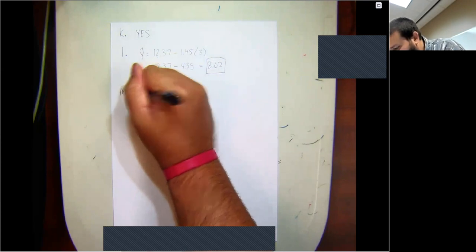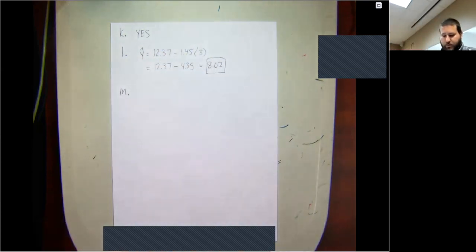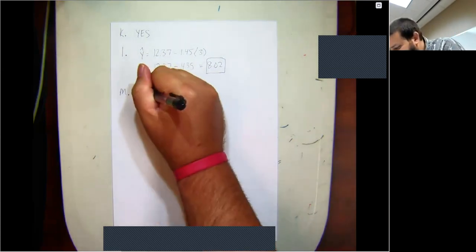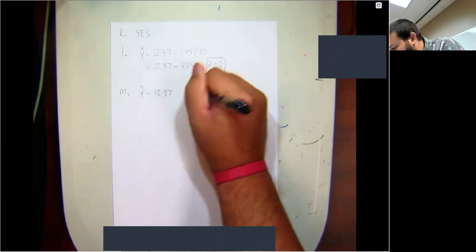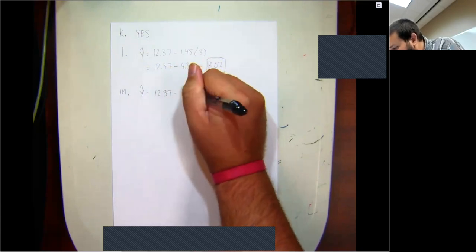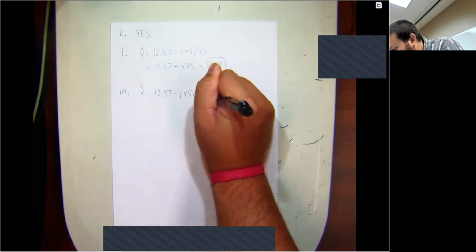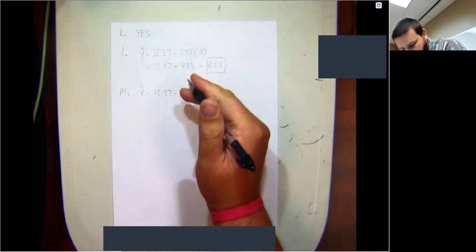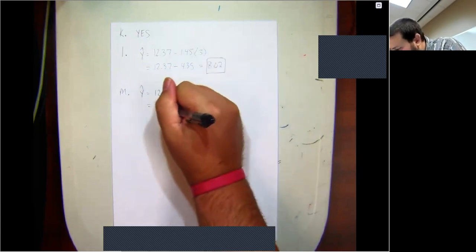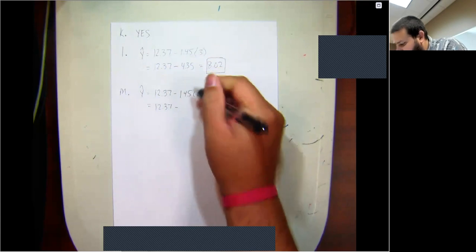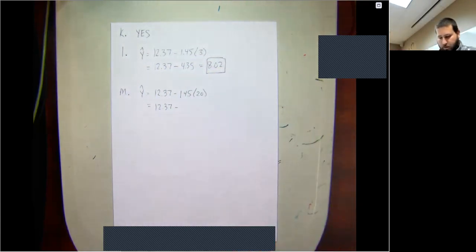Samuel on M. If Samuel had 20 risk factors, what would you predict his achievement score to be? Y hat is equal to 12.37 minus 1.45 times 20. 1.45 times 20 is 29.